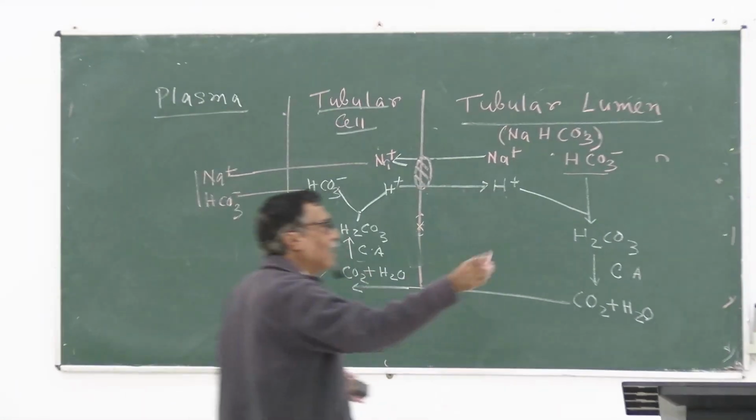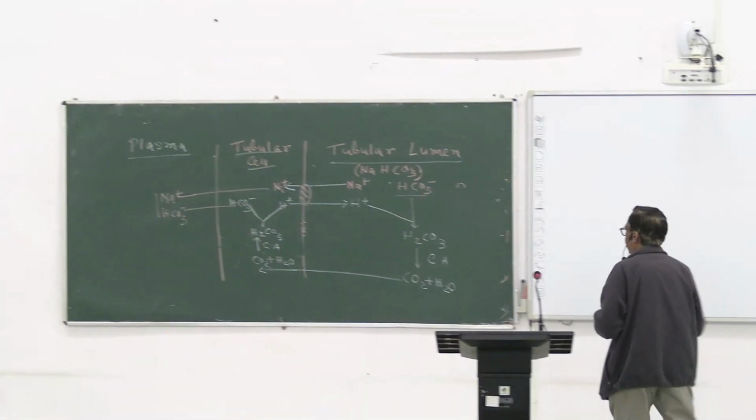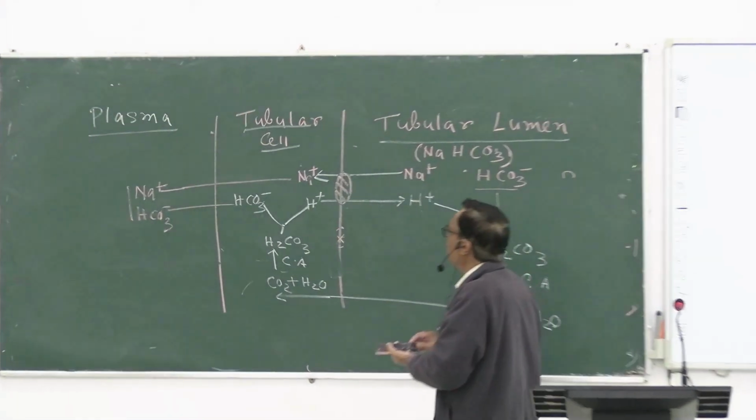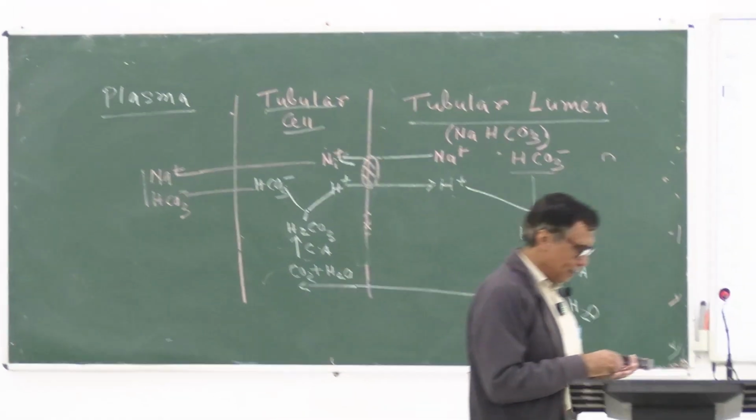Because one event occurs, another event is occurring. So this is called reabsorption of the bicarbonate or reclamation of the bicarbonate. What is the reclamation or reabsorption of the bicarbonate?